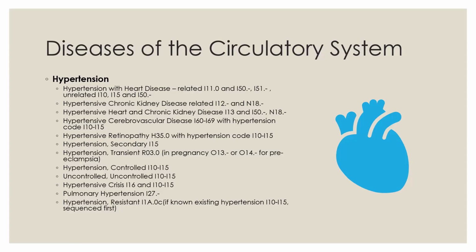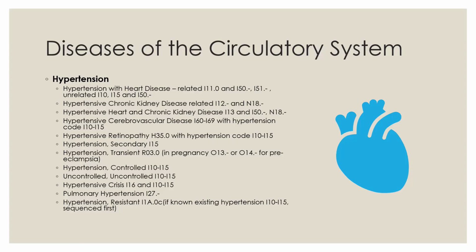The codes in category I13, hypertensive heart and chronic kidney disease, are combination codes that include hypertension, heart disease, and chronic kidney disease. Assign codes from combination category I13 for hypertensive heart and chronic kidney disease. If heart failure is present, assign an additional code from category I50 to identify the type of heart failure.